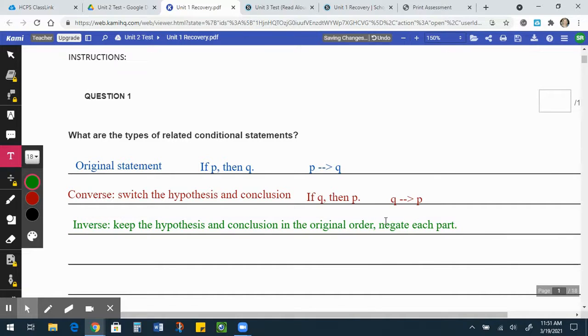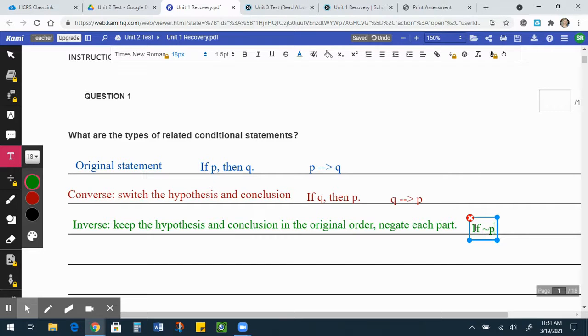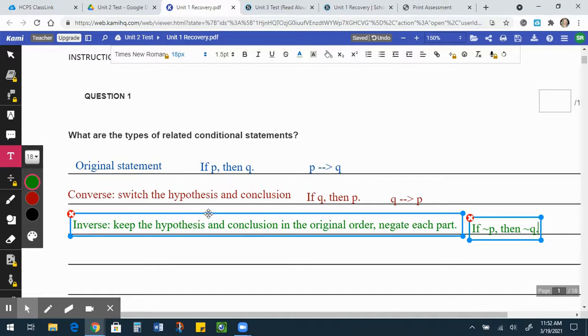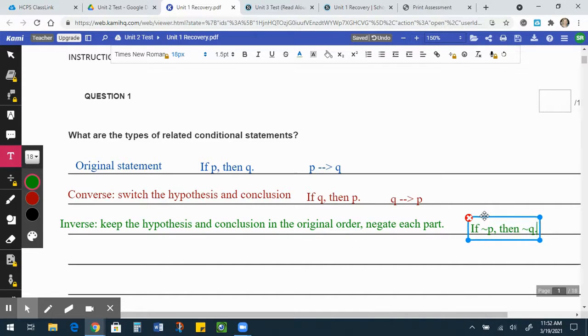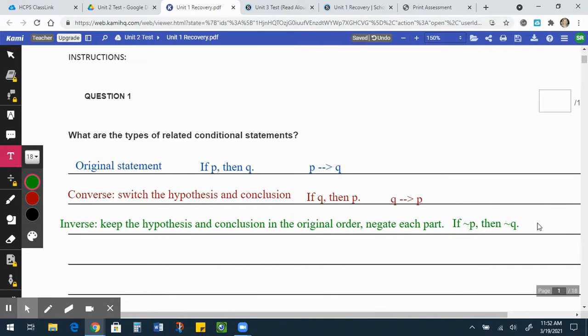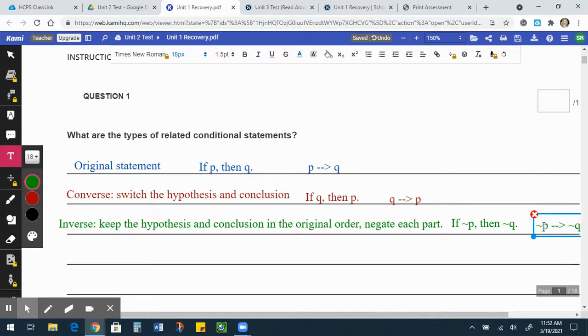So, in if then form, my inverse would say if negated P, then negated Q. And in symbolic notation, that would say negated P, arrow, negated Q.